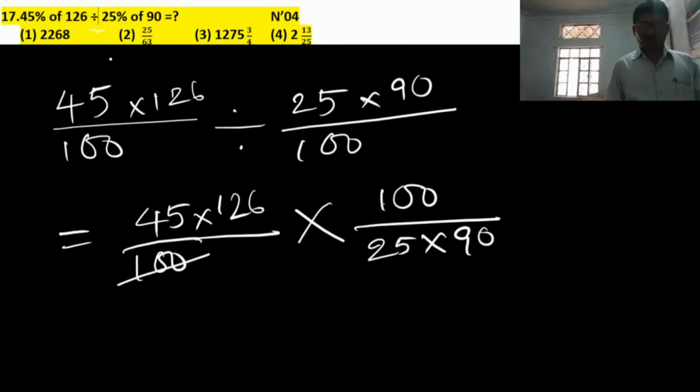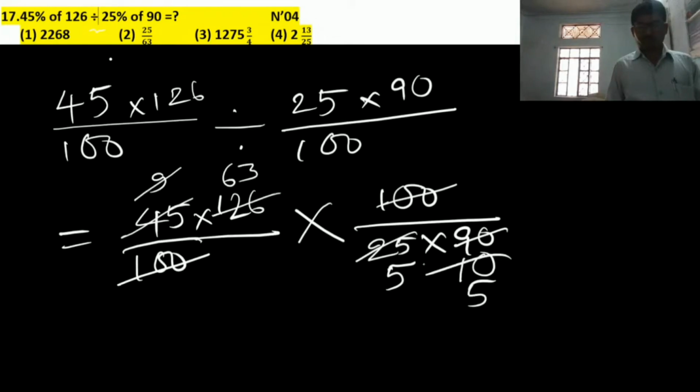100 cancels. 5 nines are 45, 5 fives are 25. 9 ones are 9, 9 tens are 90. Next, 2 6s are 12, 2 threes are 6, 2 fives are 10. That is equal to 63 by 25.